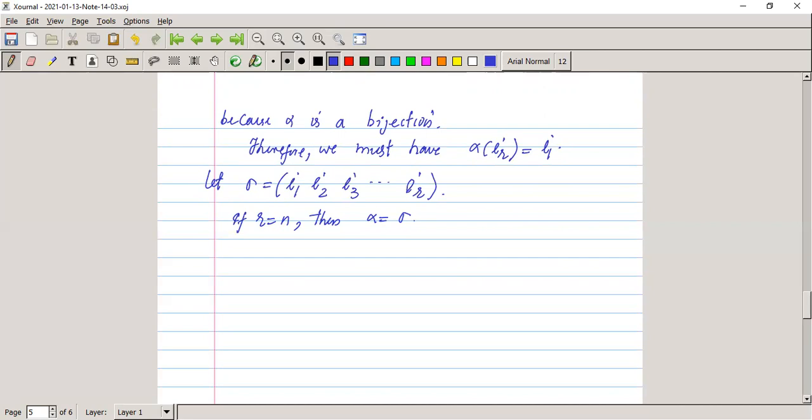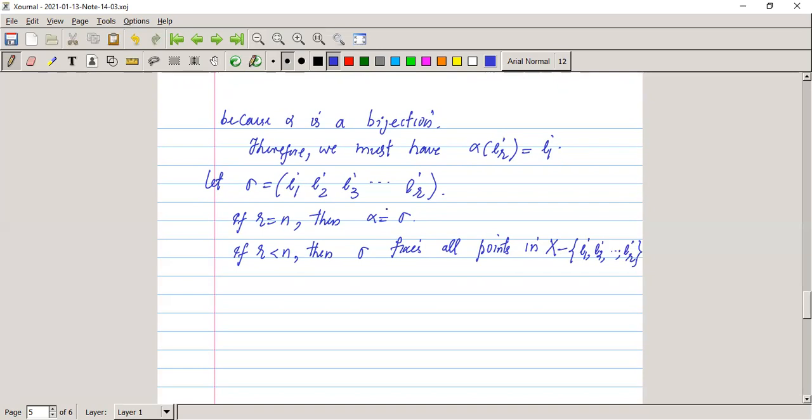But if R is less than n, then this R cycle sigma fixes all points in the set X minus I1, I2, up to IR.